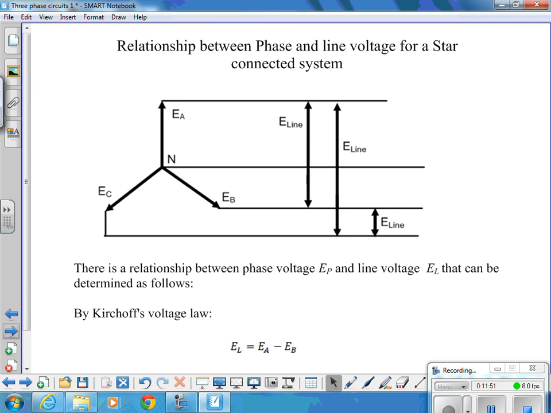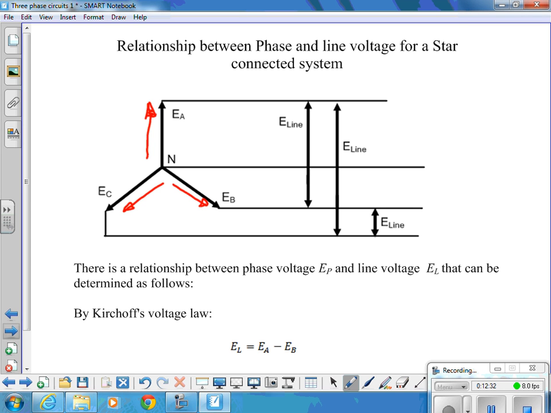So, relationship between phase and line voltage for a star connected system. This is your average star connected system, and I've included the neutral from the star point. Okay. We have three phase voltages, EA, EB and EC. So we've got three lots of phase voltage between the lines and the neutral. So we've got a phase voltage there, one there, and one there.